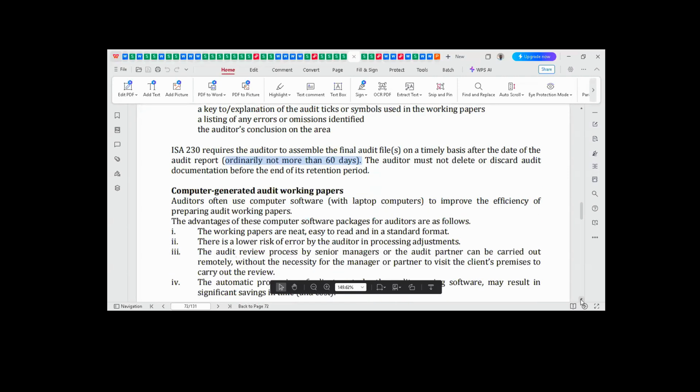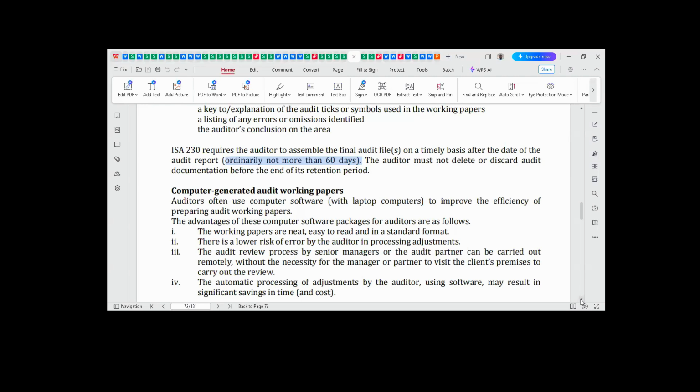Okay, and like I said, we have moved from the era of using manual paper to electronic format for audit documentation. We have audit software, which we also looked at in chapter 7.